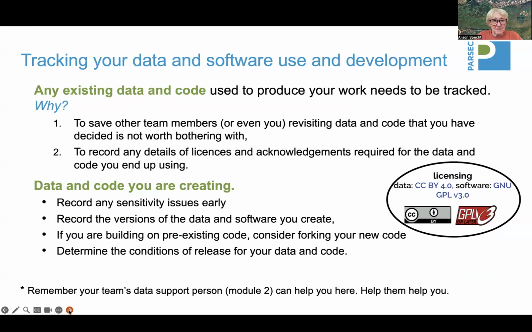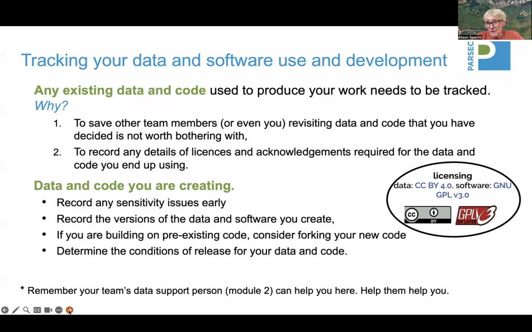Refereed publications are easy. Tracking your data and software use and development, as I mentioned, any existing data and code used to produce your work needs to be tracked, even if you decided that you won't bother with it.